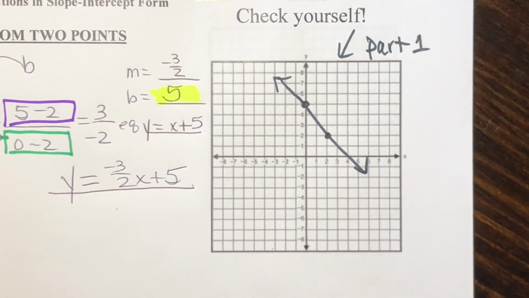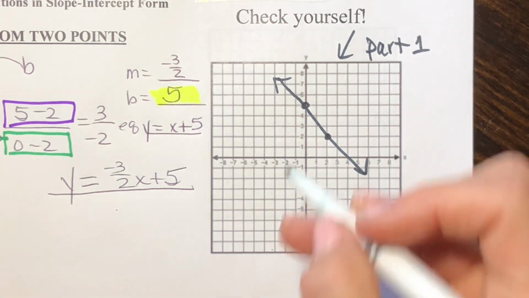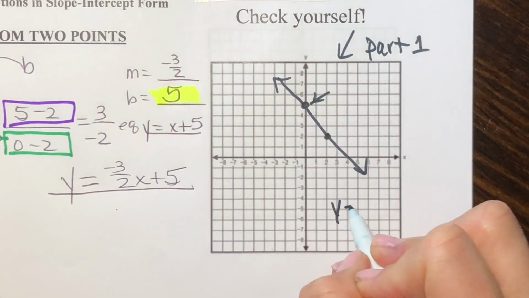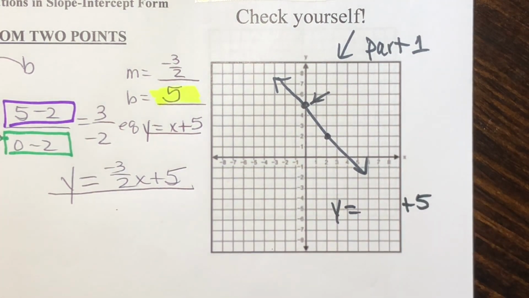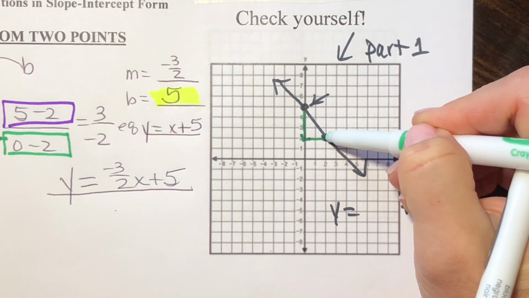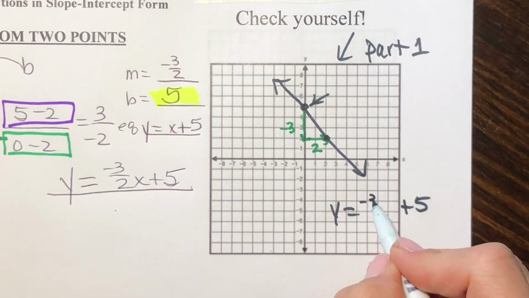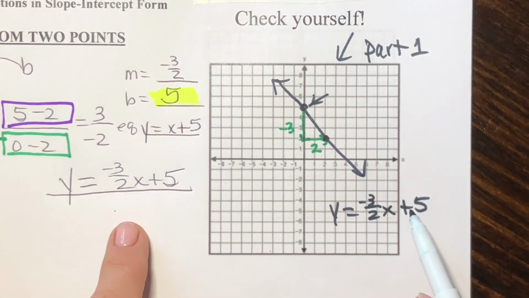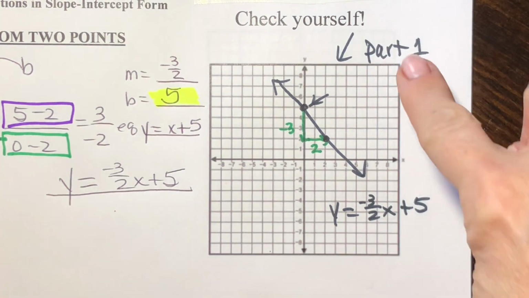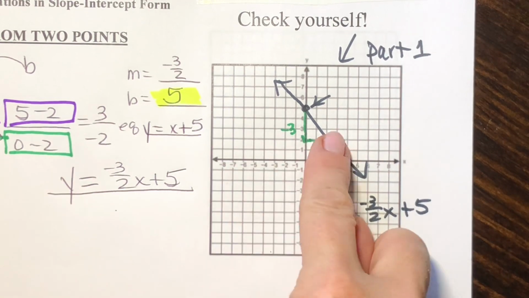That's you going, oh, I remember when we did this. I like pulling it off of a graph. It's easier. I could see that that's plus 5. So y equals plus 5. And then if you were really good at doing this, the rise and the run, drop 3, run 2. So there's your negative 3 over 2x. They match.